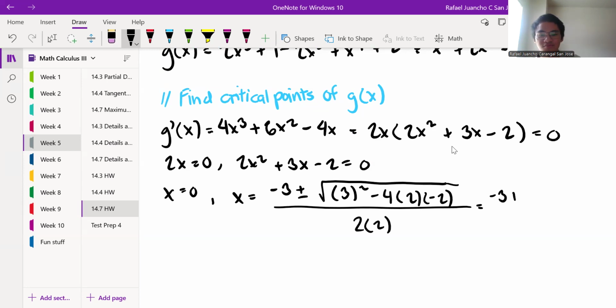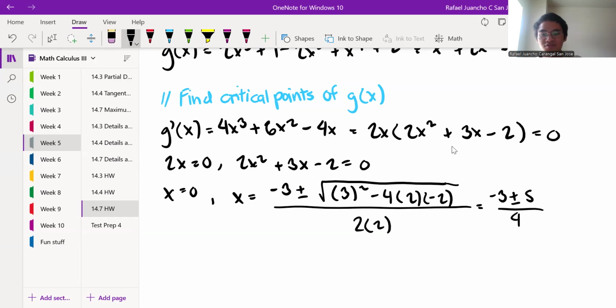Here I get negative 3 plus or minus, this is 9, minus, and then another minus, so that's positive, plus 16, over 4. And then from there I get 25. I actually get 5 here, believe it or not.